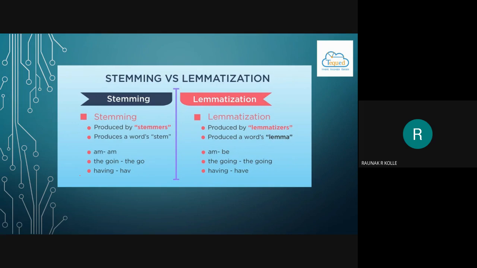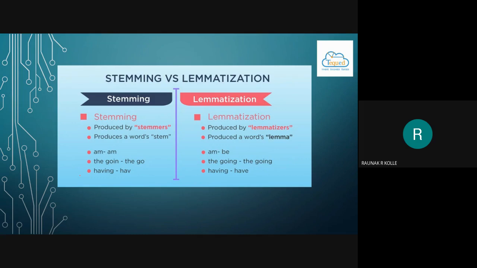Stemming is a process of reducing inflected or sometimes derived words to their word stem, base, or root form, generally a written form of a word. As we've seen before, stemming applies the cutting of the suffixes and the prefixes if necessary.